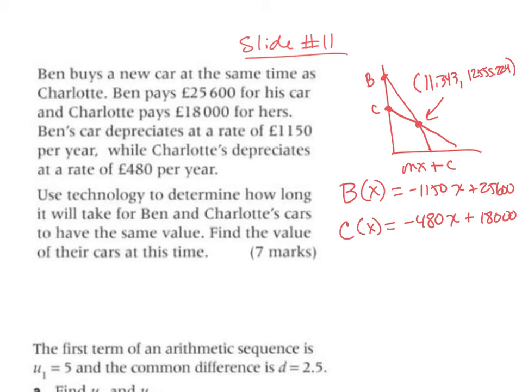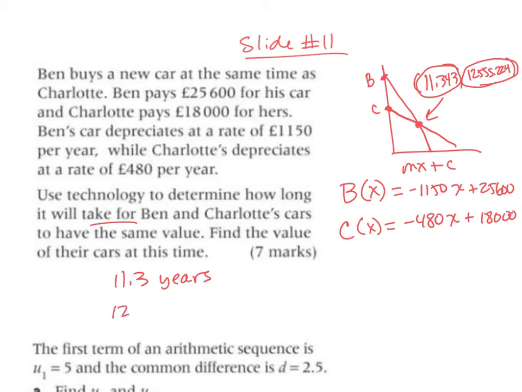So let's see, what was the question? How long it will take. Okay, so that would be the x value. So that's this value. So to three significant figures, that would be 11.3 years is how long it will take for them to have their cars to have the same value, and that value is going to be this y value. Well, actually, it's money, so let's go to the nearest hundredth.